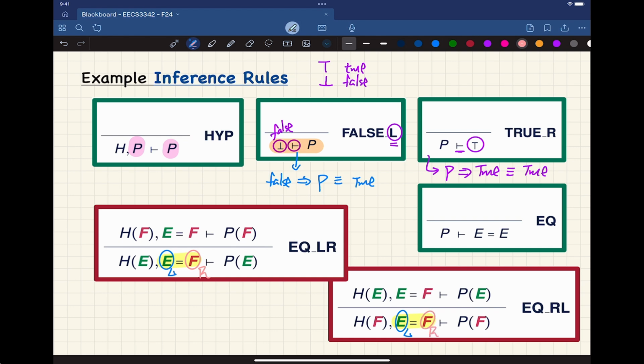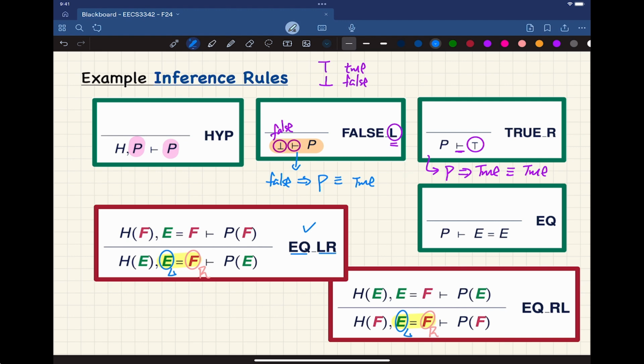Okay? And this is to say, if you already have some hypothesis that's defined, let's talk about this one first. EQLR: I've got equality, and I want to go from left to right. What does it really mean?